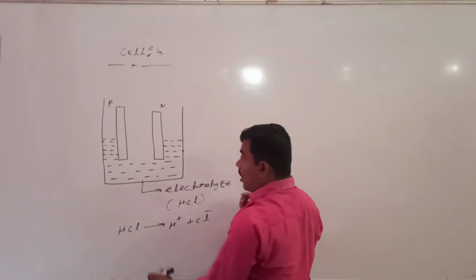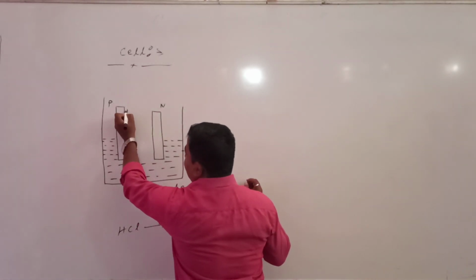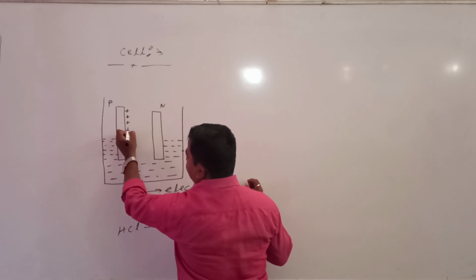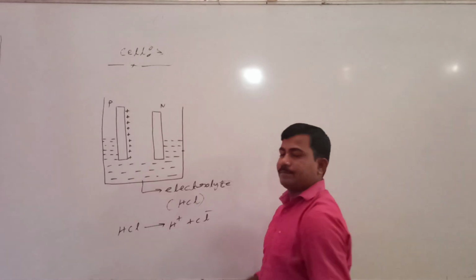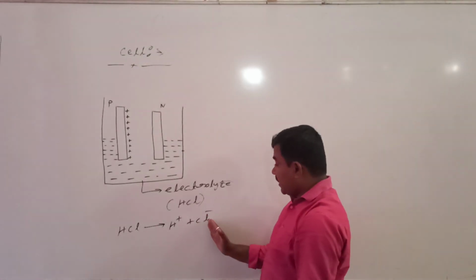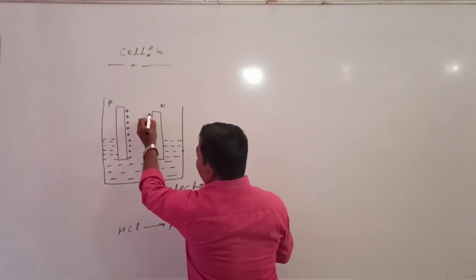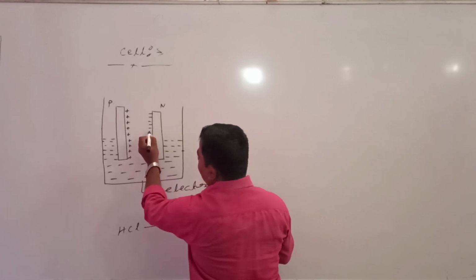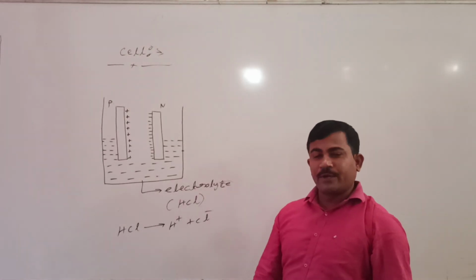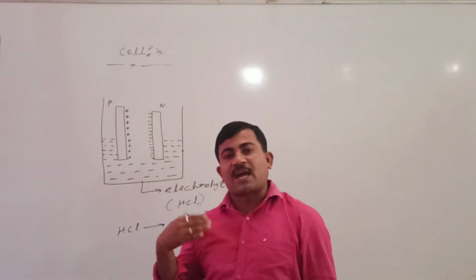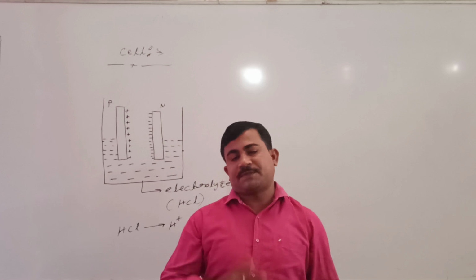As a result, all the positive ions, I mean H plus ions, are deposited on one electrode of the cell. Similarly, negative ions, Cl minus ions, are deposited on the other electrode of this cell. We know that as the number of charges increases, potential will rise.